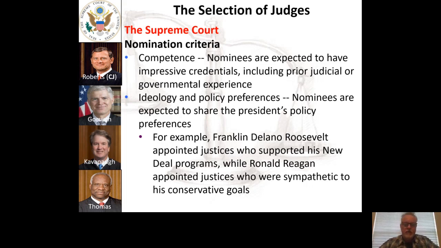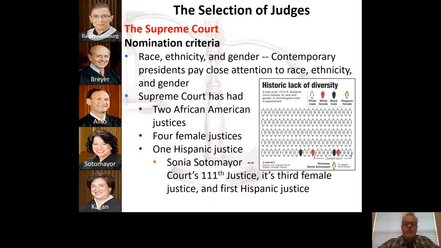And during the New Deal, as you remember from AP Gov or US Gov, Franklin Delano Roosevelt tried to appoint more people to the court and pack it with people who have the same ideas. During Ronald Reagan's term of office, it became much more politicized, and we'll talk about that in just a moment.